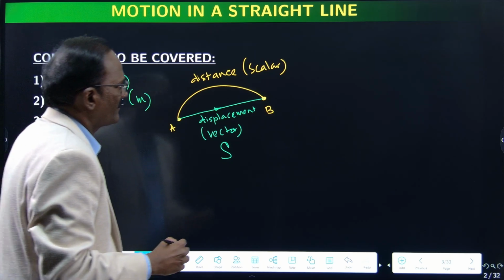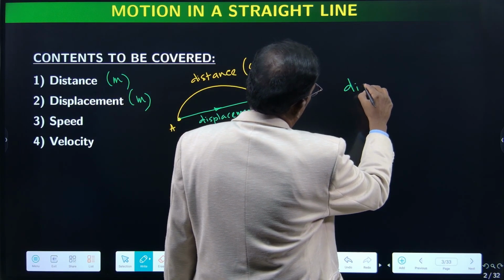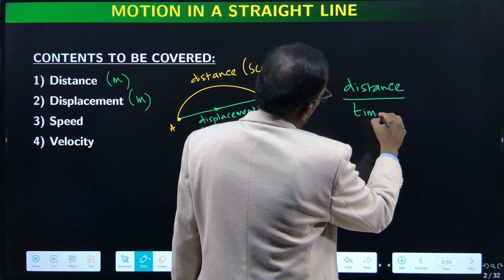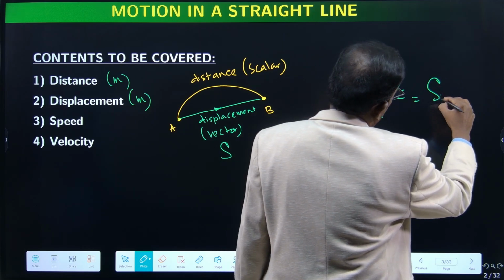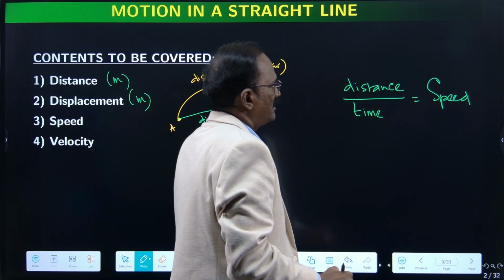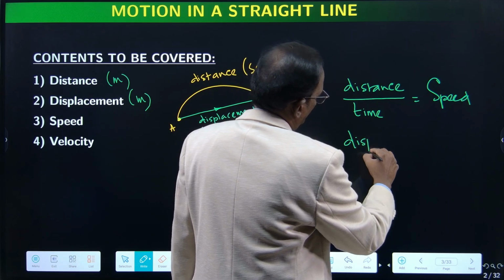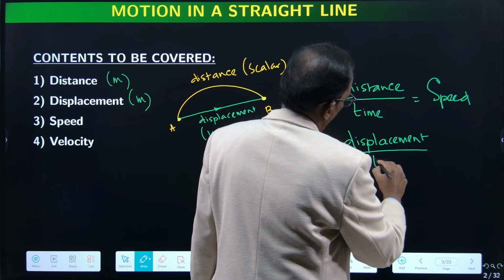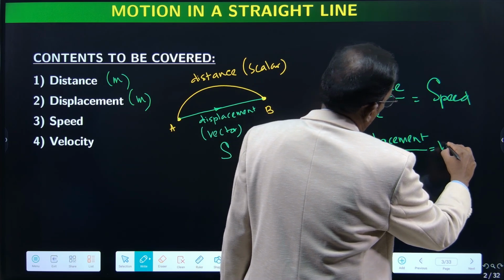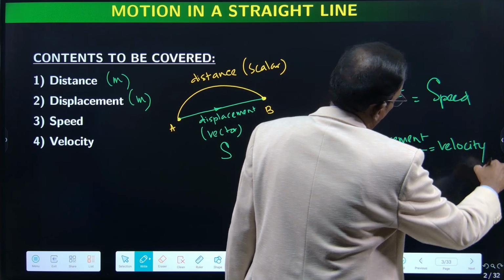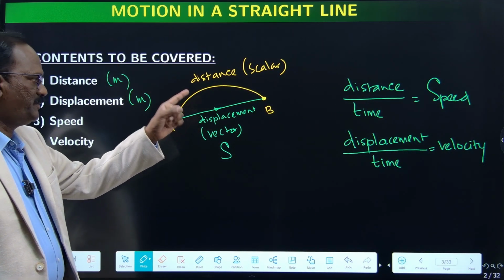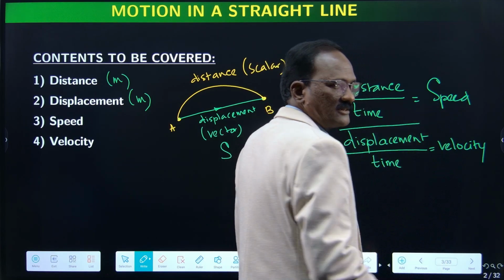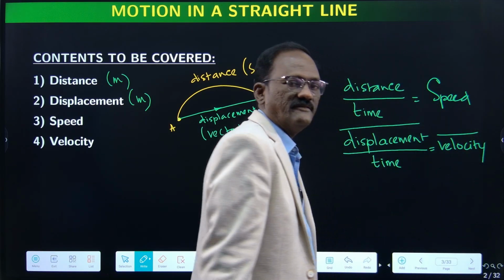Then speed. If distance over time is taken, this is known as speed. Whereas if displacement over time is taken, it is velocity. Since displacement is a vector, velocity is also a vector, right?